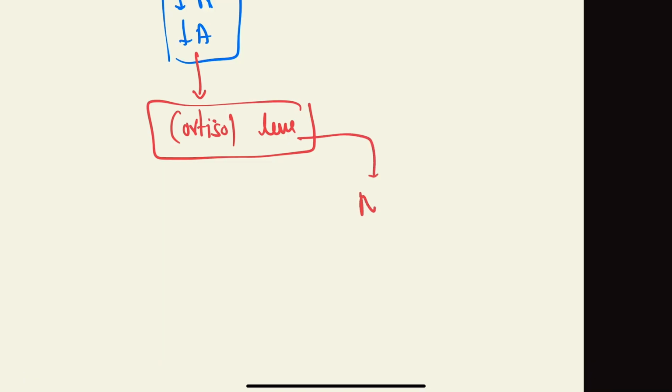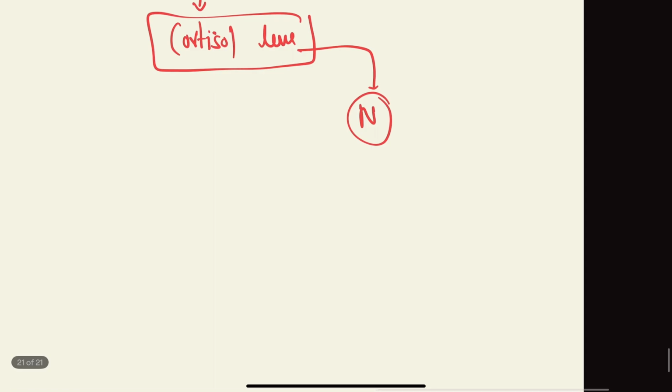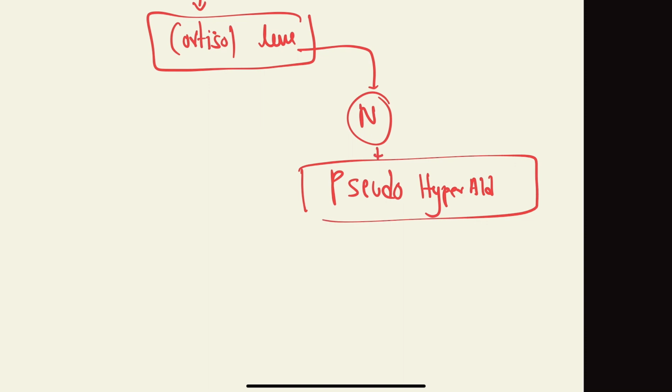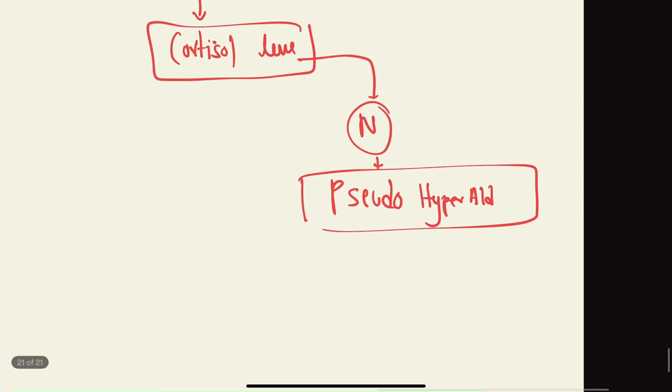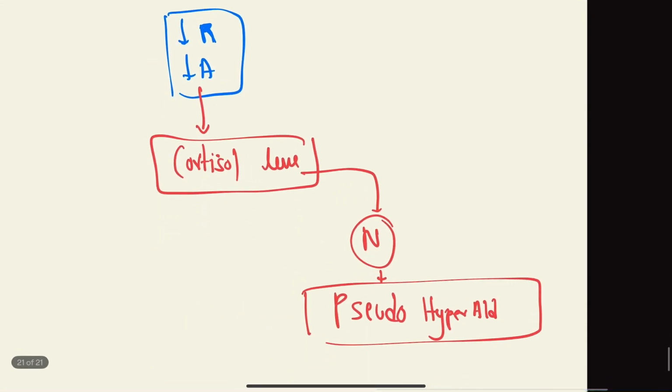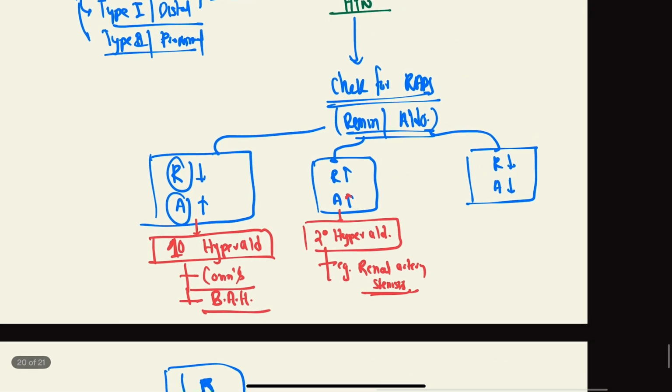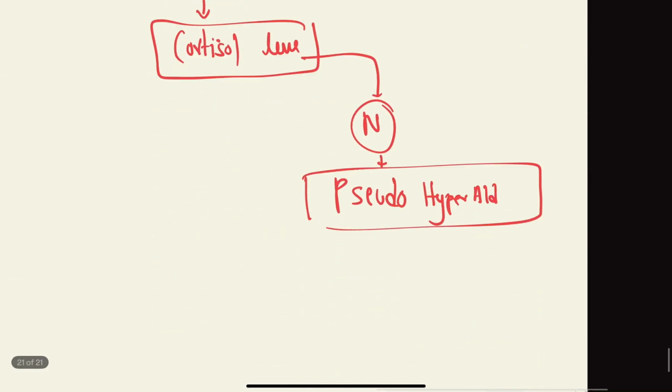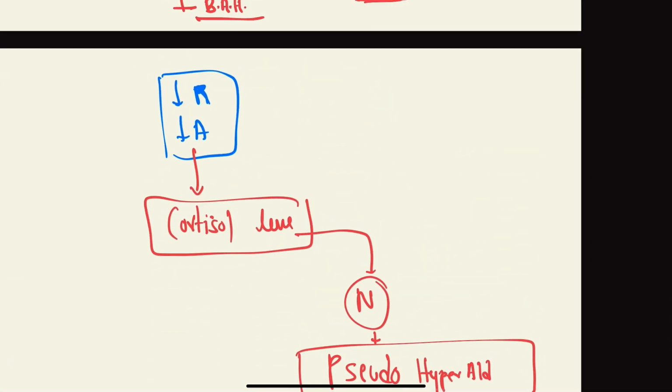If cortisol levels are normal, then it can be due to pseudohyperaldosteronism. In pseudohyperaldosteronism, there are features of hyperaldosteronism like hypertension, hypokalemia, and metabolic alkalosis, but renin and aldosterone are low.